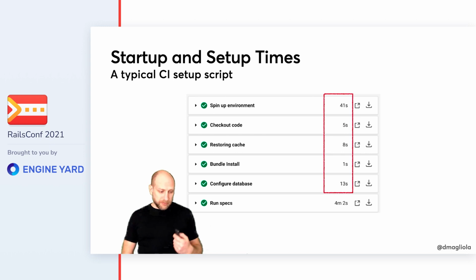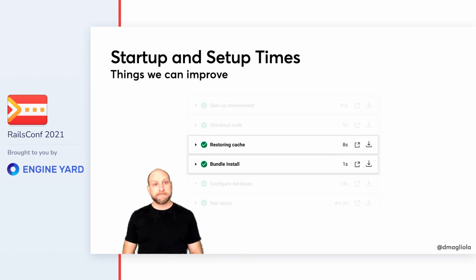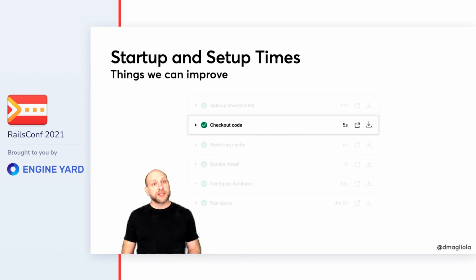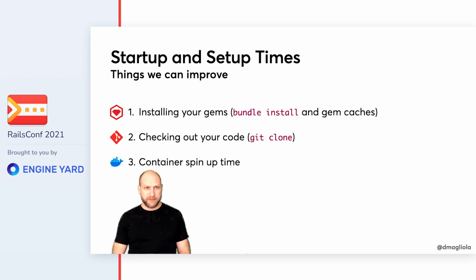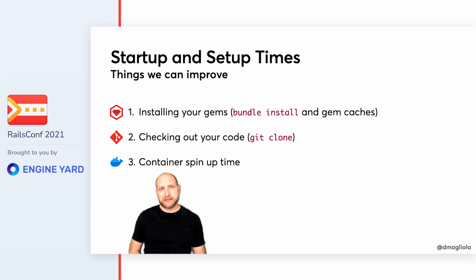And with that in mind, I'm going to talk about 3 things: installing your gems, checking out your code, and container spin-up time. Now, depending on what CI provider you use, some of these bits may involve swimming against the current a bit. CI providers try to make it easy to get started with them, and they do this by giving you a sane default that is very easy to set up and that does reasonable things.